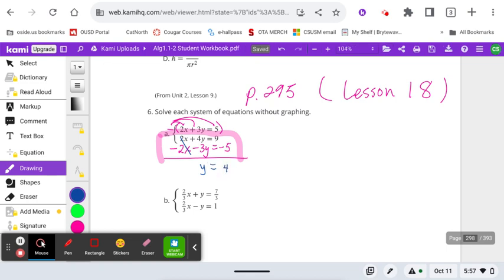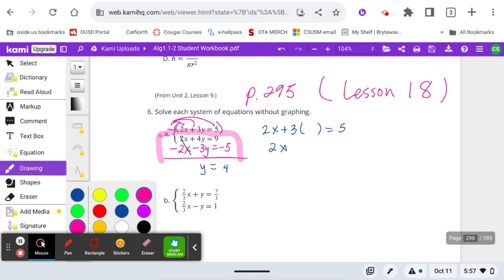Now, when I want to plug back in to get x, I can plug back into any of the three equations. So I'm just going to choose the top one, 2x plus 3 blank equals 5. And that's where I'm going to go plug in that y equals 4 in order to solve. I'm now going to minus the 12.